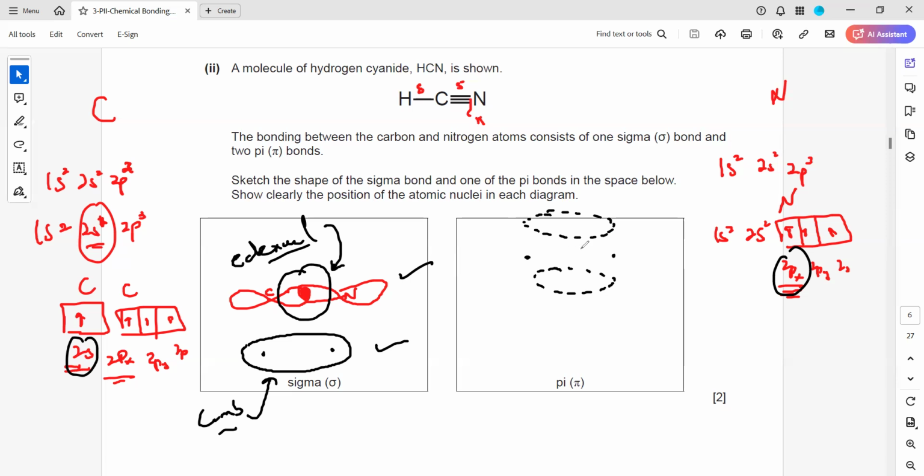This is how we represent a pi bond. It's not an overlapping; the probability of finding the electron is maximum either at the bottom or at the top.